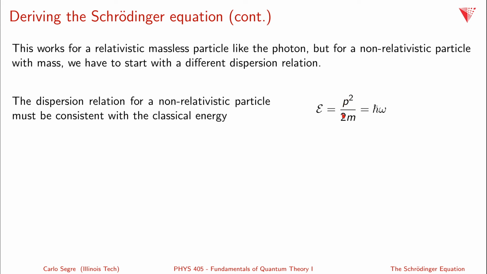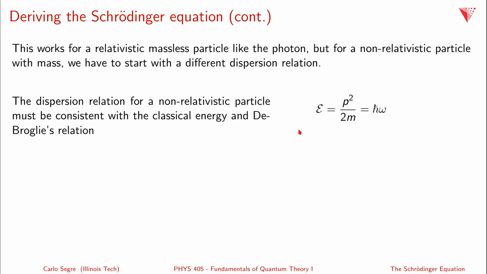So that's momentum squared divided by 2m. And that has to be equal to the energy of that particle in terms of its wave, its frequency. In this case, instead of h nu, we use h bar omega, same thing. This is from de Broglie's relation.